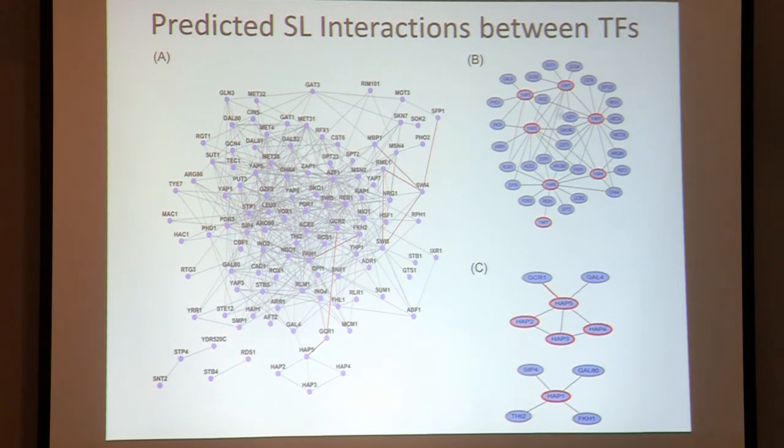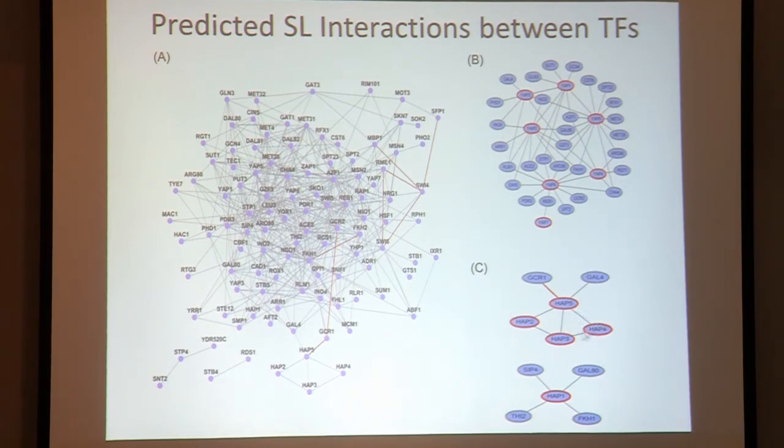In the literature, we found there was a double knockout experiment for YAP1 and YAP2 many years ago, and they showed synthetic sick lethal interactions between these two genes. Also in the literature, HYPE2, 3, 4, 5 form a complex.